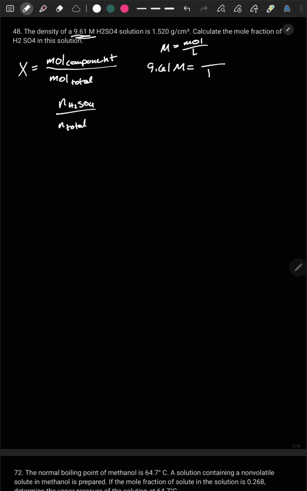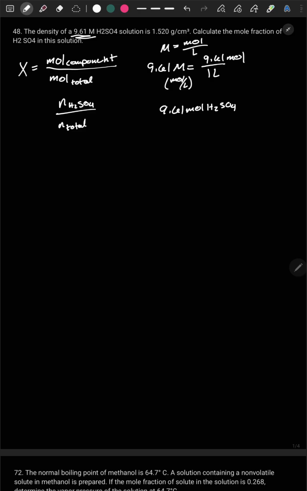In this case, it would probably be 1 liter, since we can just get the 9.61 moles in that. So that's moles per liter, and that's all good. From here, we know that we now have 9.61 moles of H2SO4.